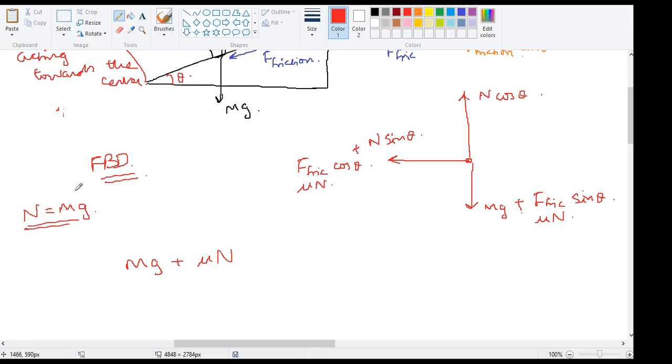This is not always true. So make a note properly. Only on a flat road this is true. When it is not a flat road, this is not true.